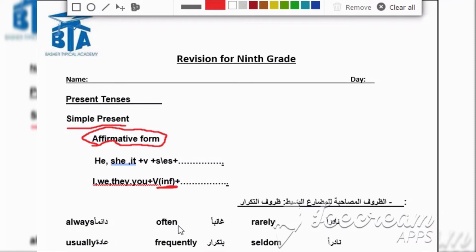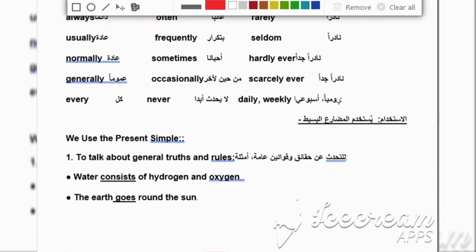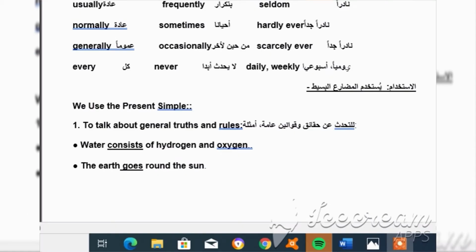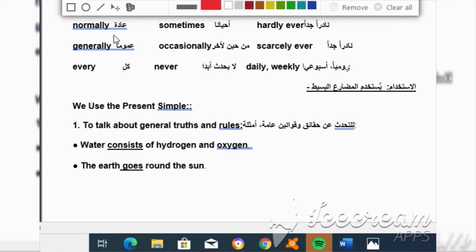Always, often, rarely, usually, frequently, seldom, normally, sometimes, hardly ever, generally, occasionally, scarcely ever, every, never, daily, and weekly.